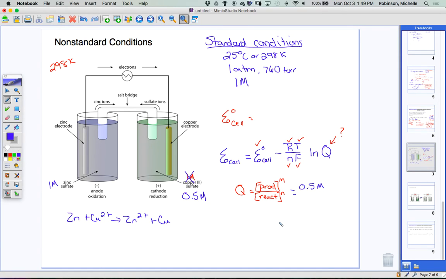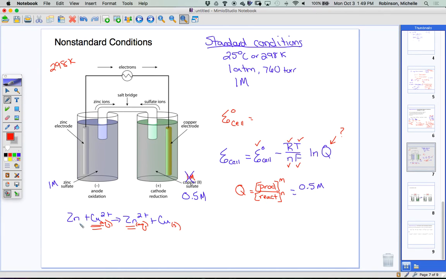Why did I write that wrong? Well, brackets mean molarity. But what did I do wrong? Where is the copper? The 0.5 is the reactant, right? Because the copper 2 plus is a reactant. The zinc 2 plus is a product. And these aqueous things are the only things we're worried about in here.